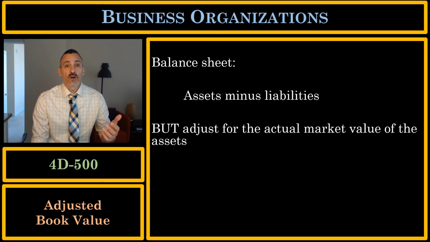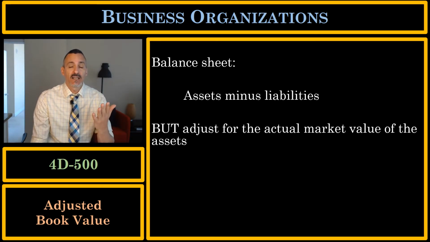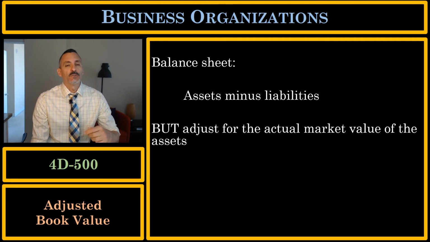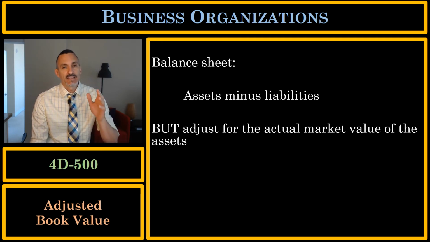So when we just talked about book value, we're just taking the assets minus the liabilities as presented on the balance sheet. And we know that the asset as listed on the balance sheet is not the market value of the asset. When we do adjusted book value, we now take the asset and we say, that asset is listed as $100,000 on the balance sheet. What is its real market value? And then we change that value.